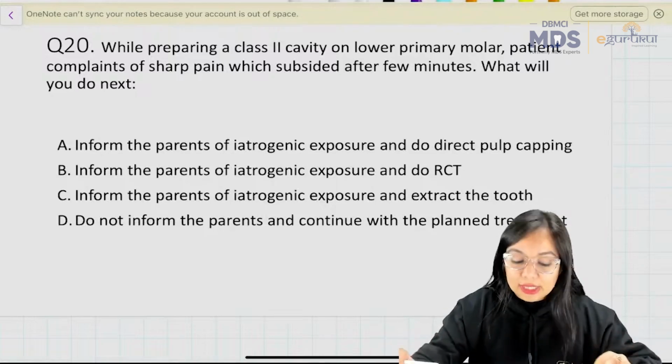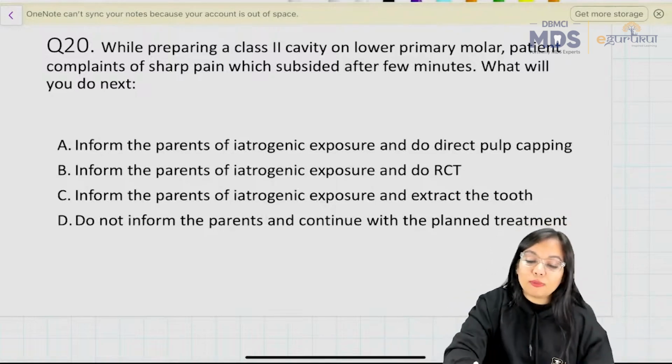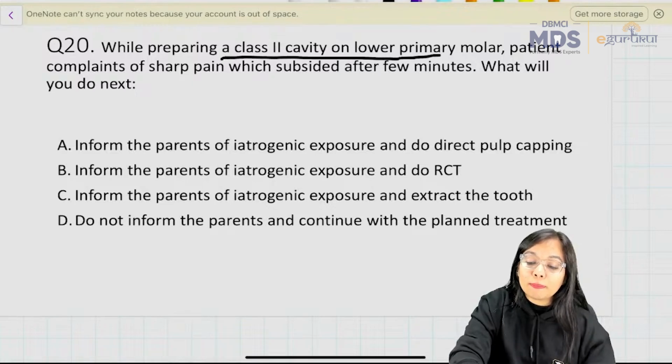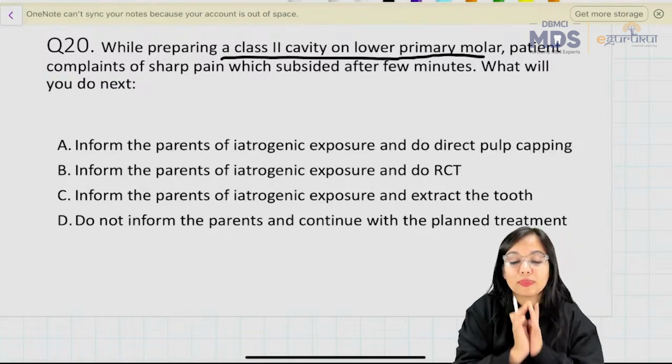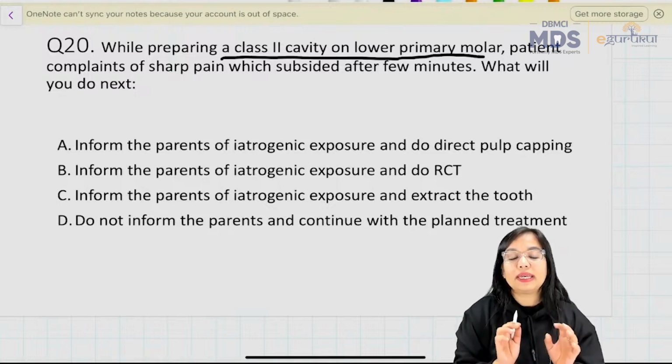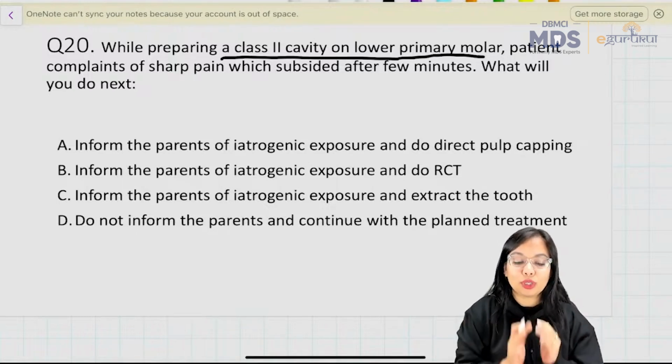What will you do next? So you're preparing a class 2 cavity on a lower primary molar, that means a lower D. The patient suddenly complains of a sharp pain, but it gets subsided after a few minutes. So what are you going to do?